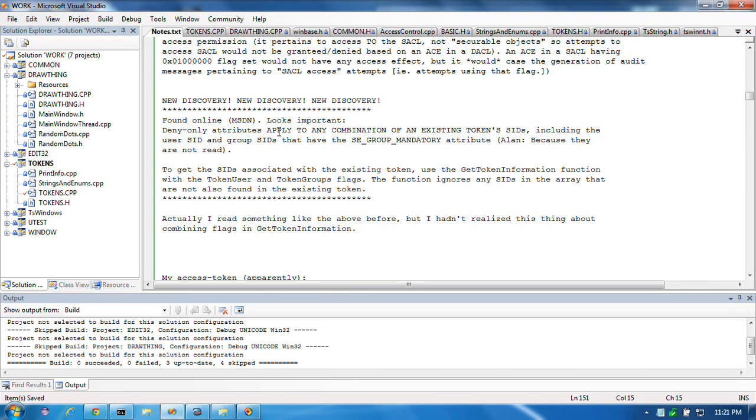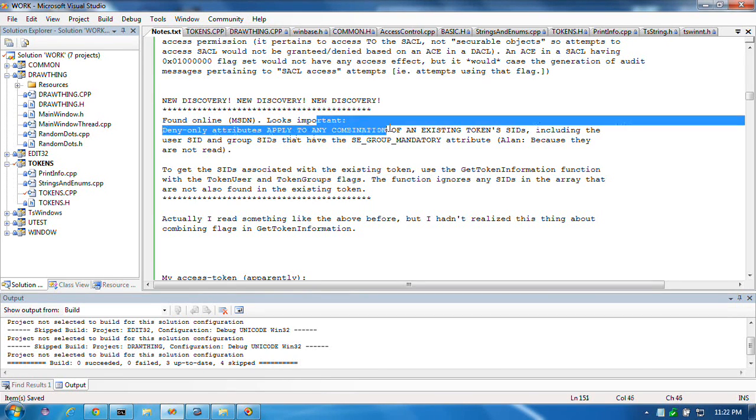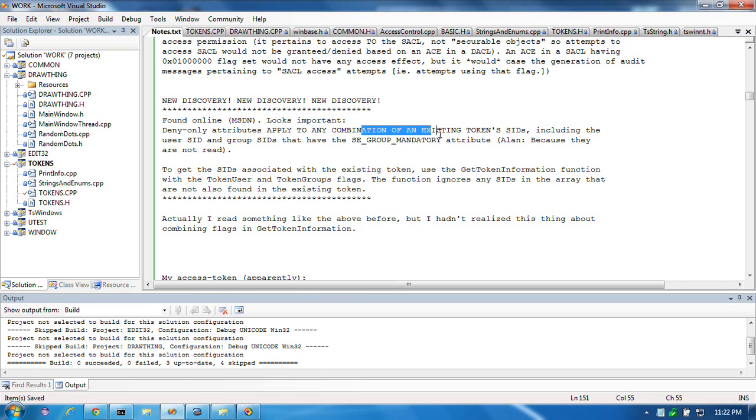Deny only attributes apply to any combination of an existing token's SIDs. Okay. So any combination that includes yourself and all the groups associated with you apply.